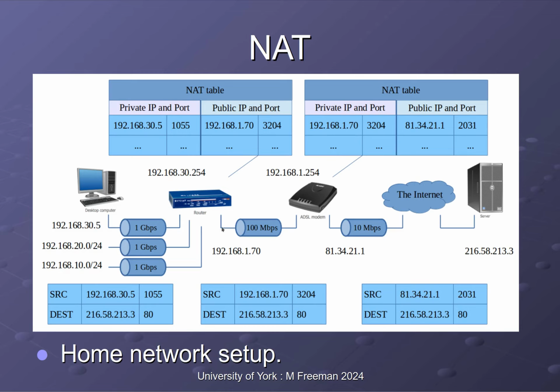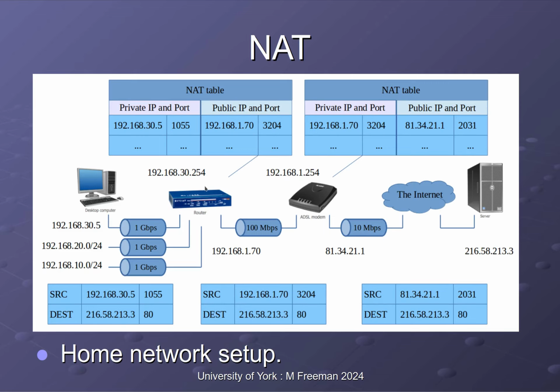It knows that it has to forward it onto the 192.168.1.0 network, so it will do that network translation. So the ADSL modem is our default gateway. So that will have an IP address of 192.168.1.254. The router has been assigned an IP address 192.168.1.70.